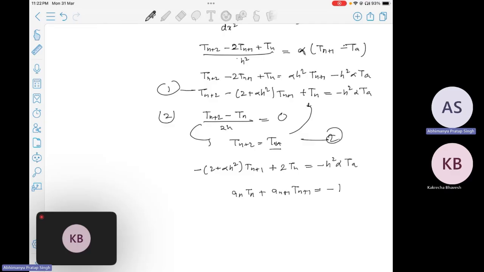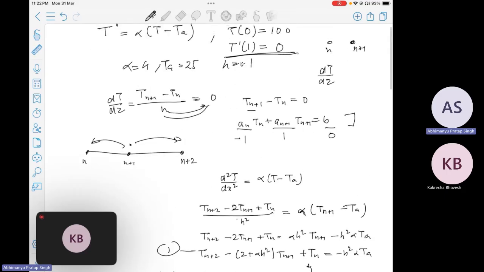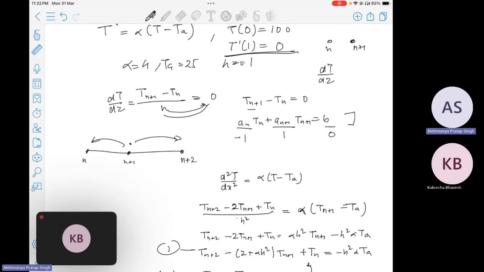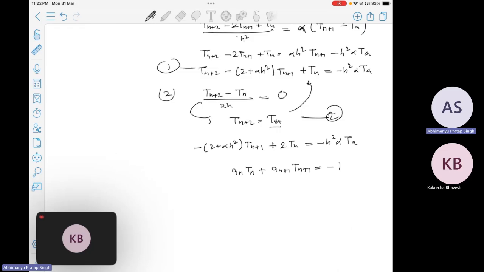It's given that Ta is 25, alpha is 4, and h is 0.1. So h is 0.1, which means h square becomes 0.01. Alpha is 4, and Ta is 25. So this becomes 100, and multiplied by 0.01 this all becomes 1. And there is a minus sign, so this term automatically goes to minus 1.